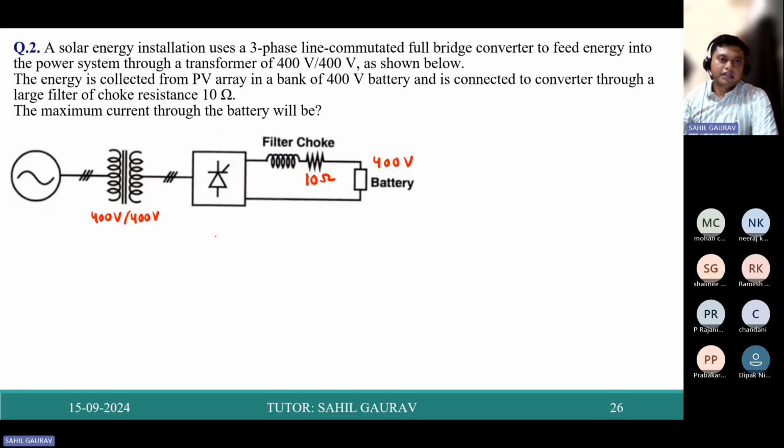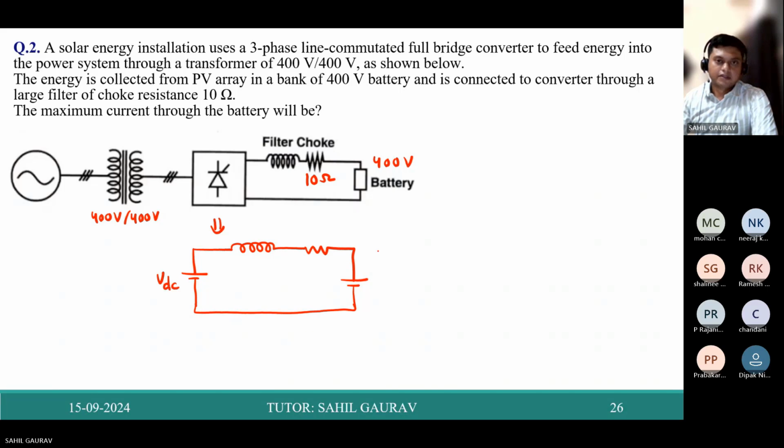So if you see this output, it will be some DC value. So it is VDC. This is V battery. So for maximum current, this inductor gets short circuited.